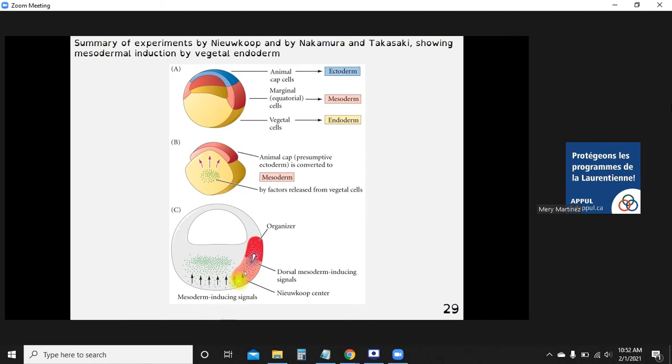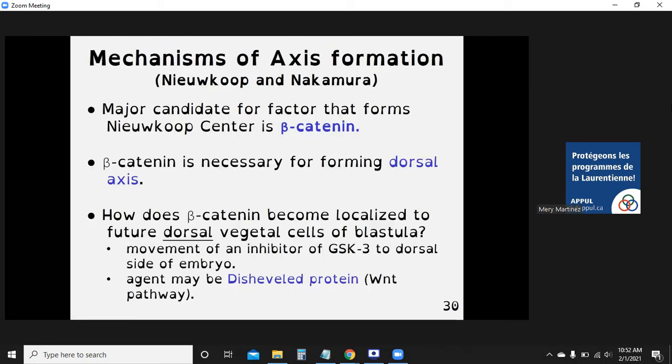So this is the section where that turn happened, and this is the section where the gray crescent is formed, okay? And then the vegetal-most is the Nieuwkoop center. So let's go and see what happens with that Nieuwkoop center.